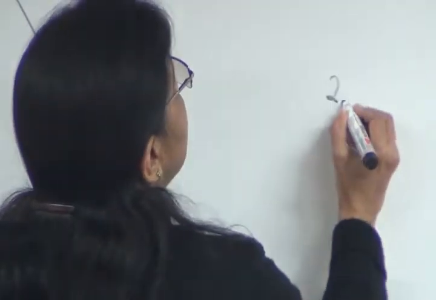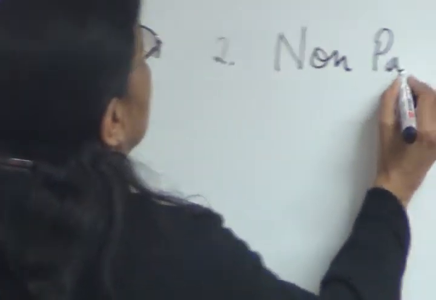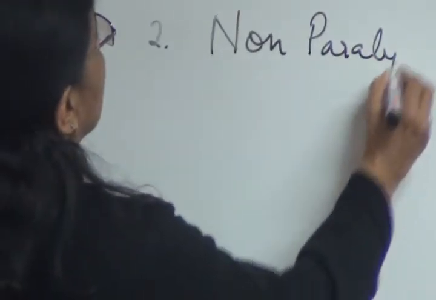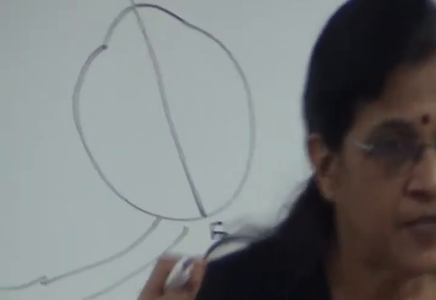The second big group is non-paralytic. I put paralytic first because it is easier for you to conceptualize, right? The non-paralytic squint occurs because of some incoordination between the neuromuscular pathways.